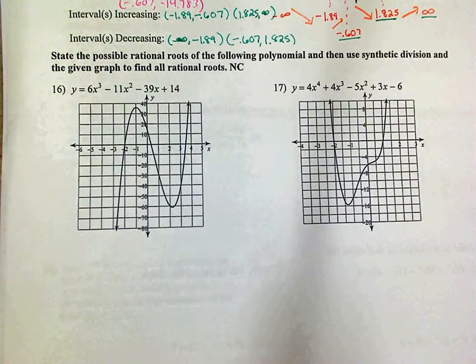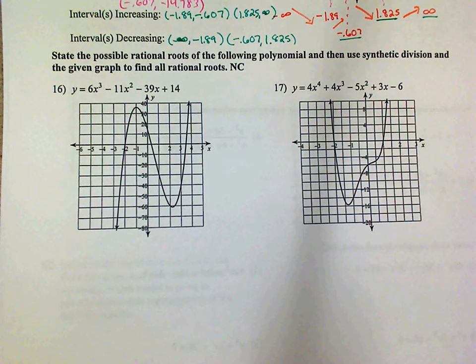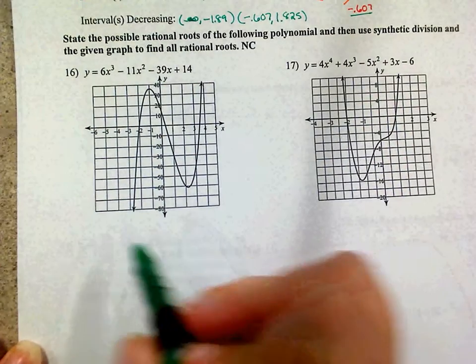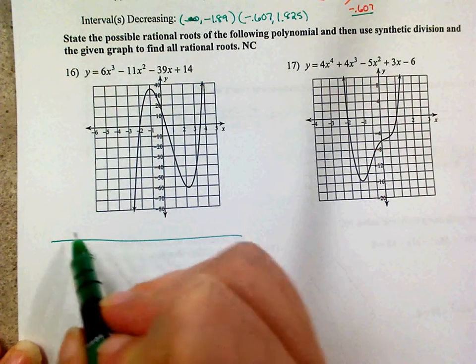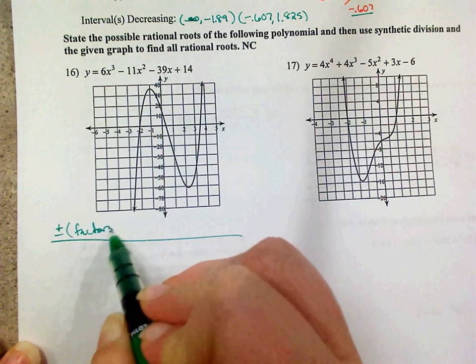Okay, state the possible rational roots of the following polynomial and then use synthetic division in the given graph to find all rational roots. What does NC stand for? No calculator. Okay, do you remember how to find possible rational roots? Okay, perfect. What you do is you divide the factors of the, does anybody remember?